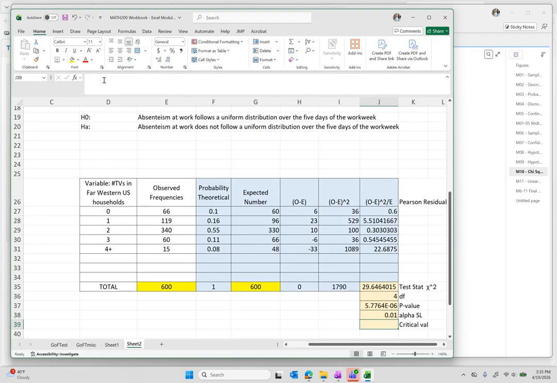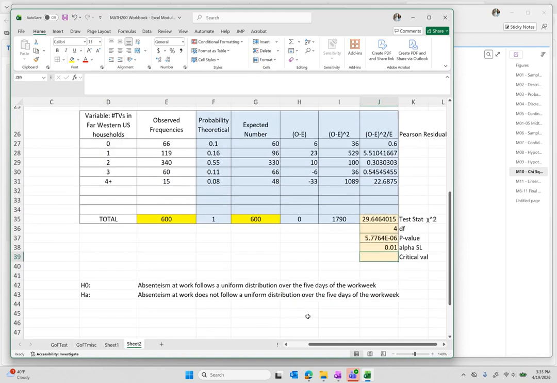I want to update that, and I see that this p-value of 6 times 10 to the negative 6 is much smaller than the 1% of alpha, and that will result in rejecting the null hypothesis.